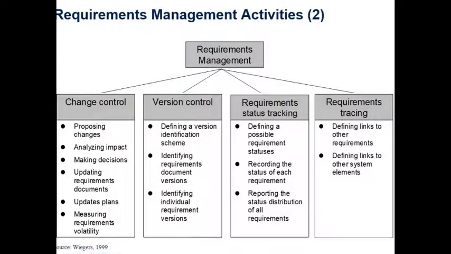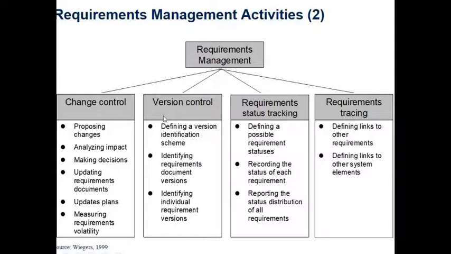Requirements management activities can be grouped like this. You have activities that take care of change control. This is where you would be proposing changes, analyzing the impact of the proposed requirements change, making decisions about whether you will go ahead with the change or not, updating requirements documents, updating plans, and measuring requirements volatility.